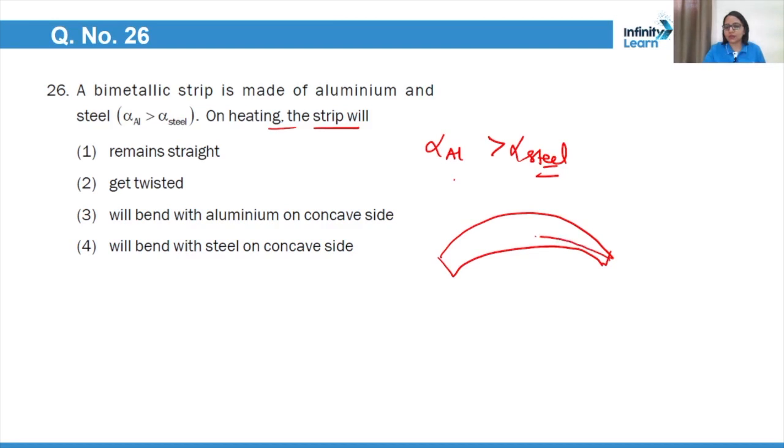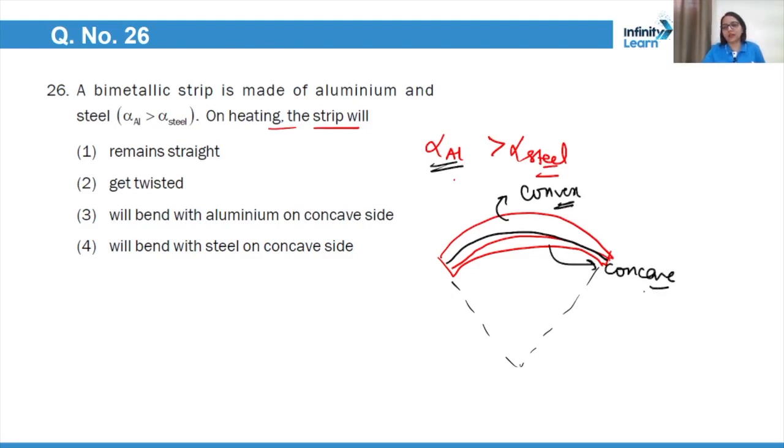And because of unequal expansion, this strip will bend. So aluminum is expanding more, so its length will be more, right? So it will be on the convex side and steel will be on the concave side. So it will bend with steel on the concave side. So correct answer is 4.